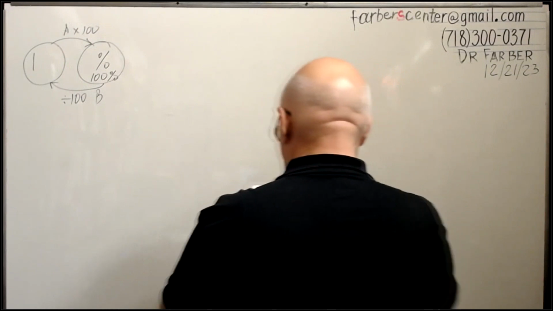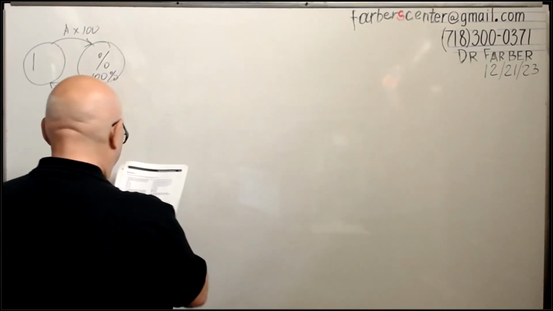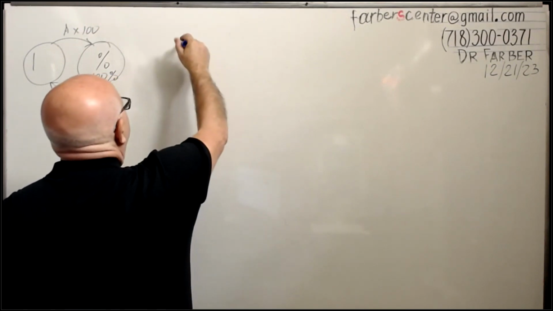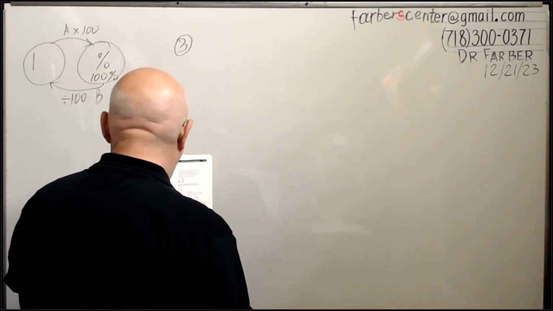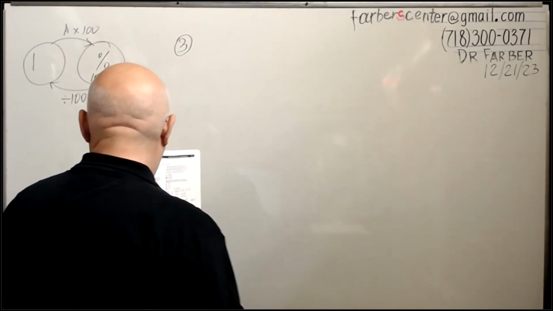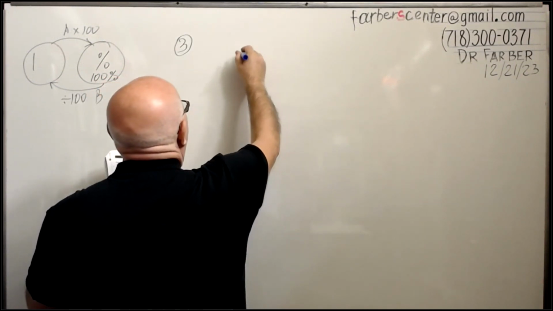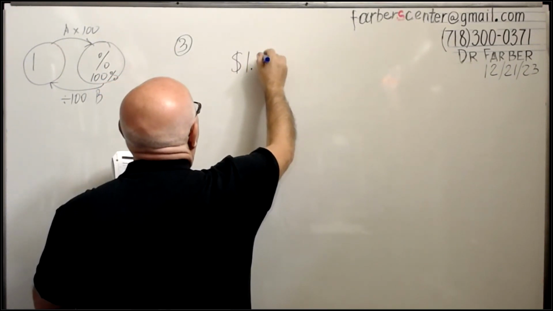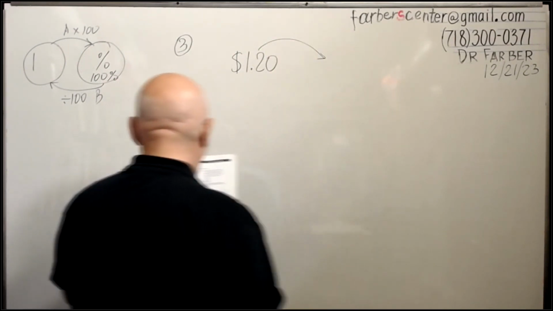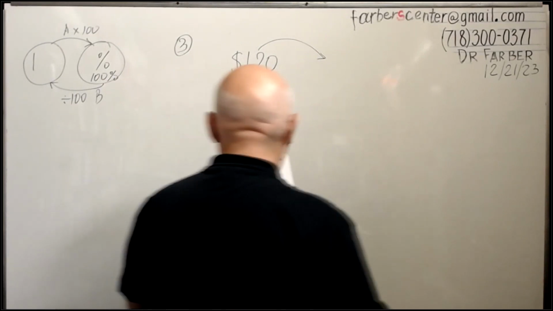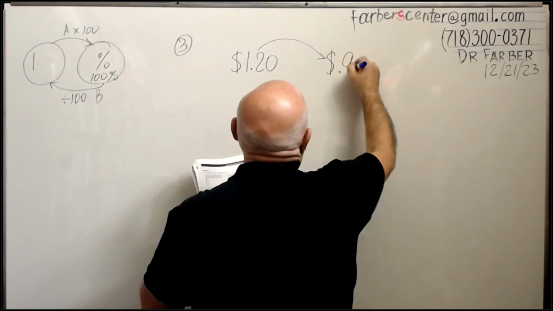Now let's do the same with number 3. Make this model. At the beginning, it was $1.20. After Christmas, it's cheaper because nobody needs this after Christmas, unless for next year.